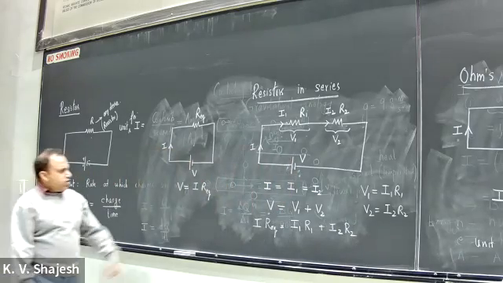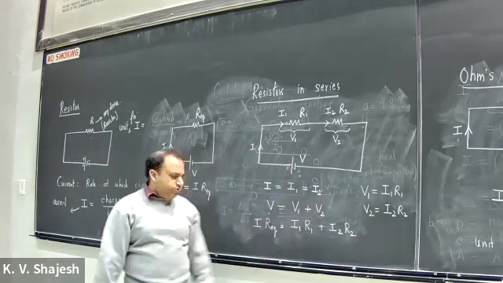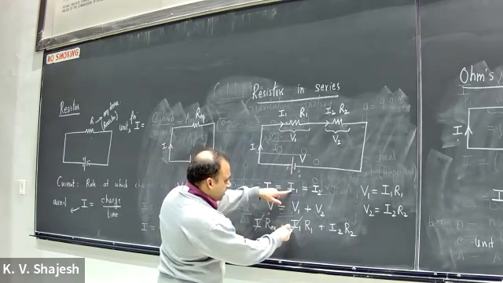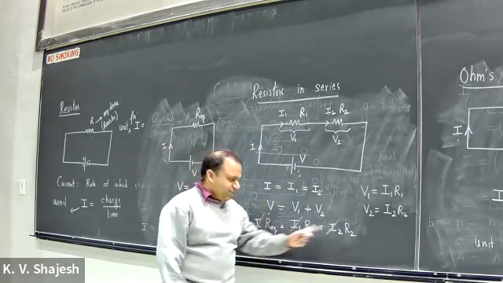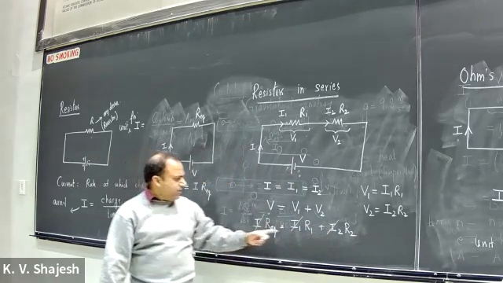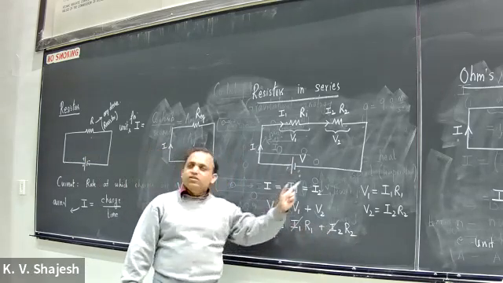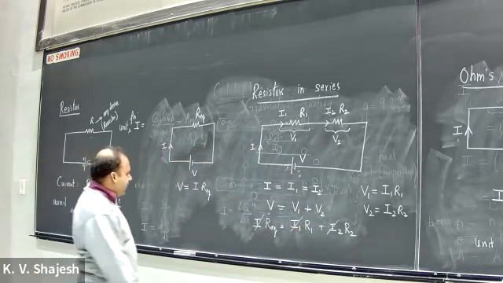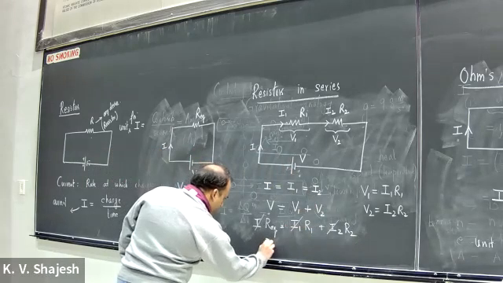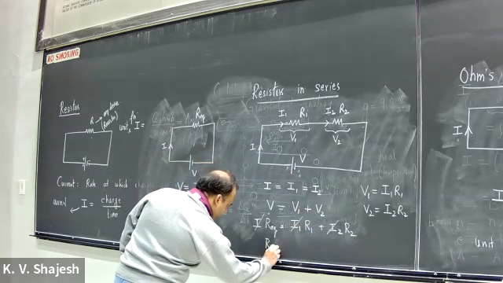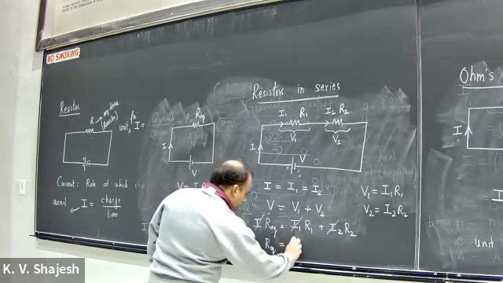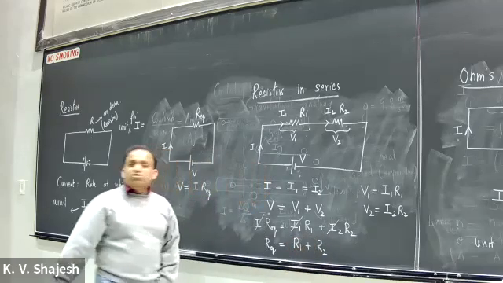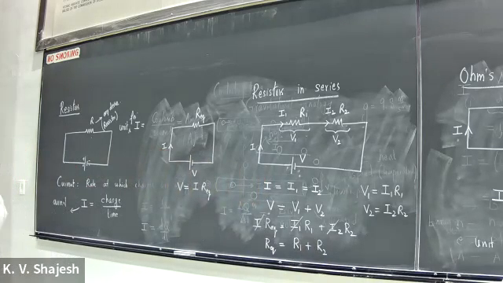But I is equal to I1 is equal to I2, so I can cancel them out. It seems algebraically wrong, but they are all identical quantities. So that cancels out, and I learned that the equivalent resistance is equal to R1 plus R2. So resistors in series add.